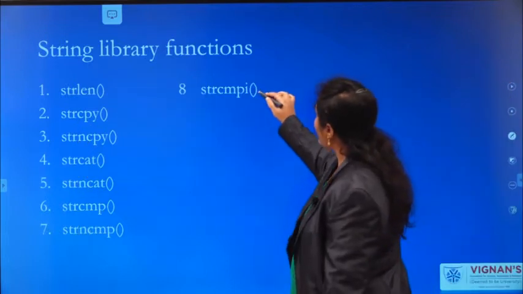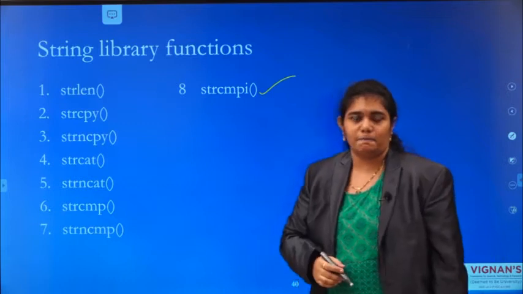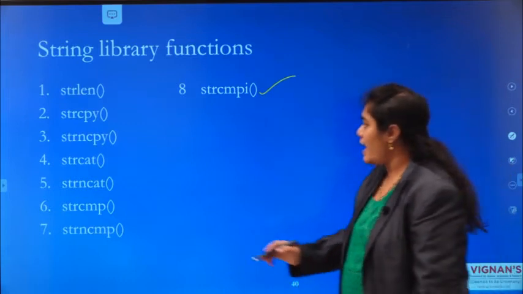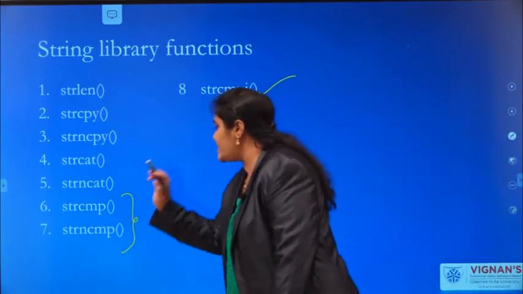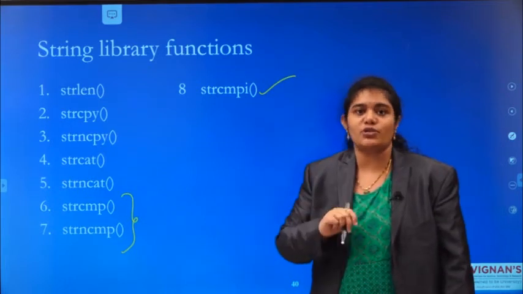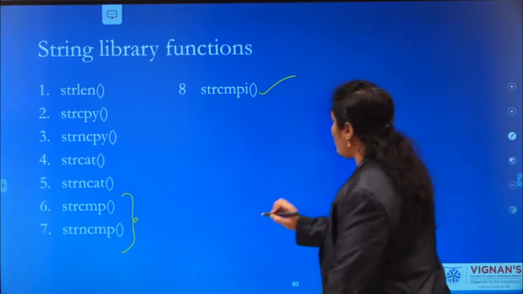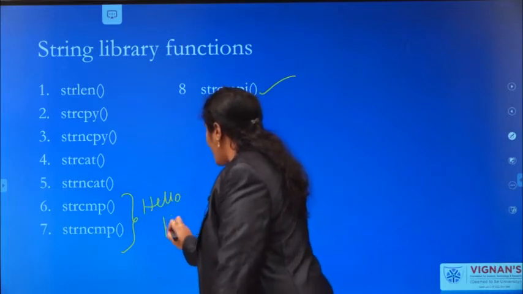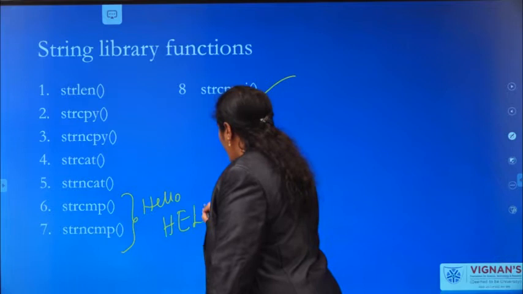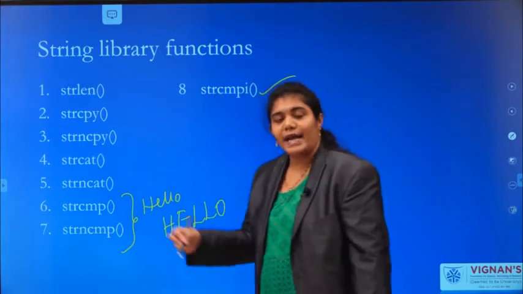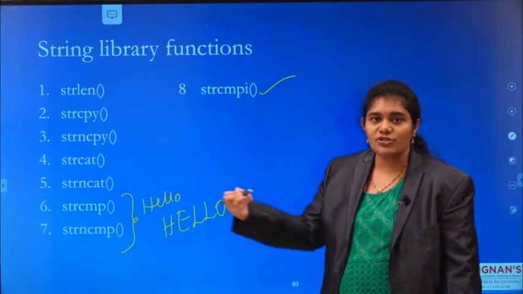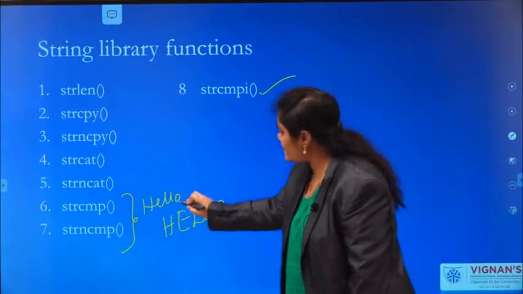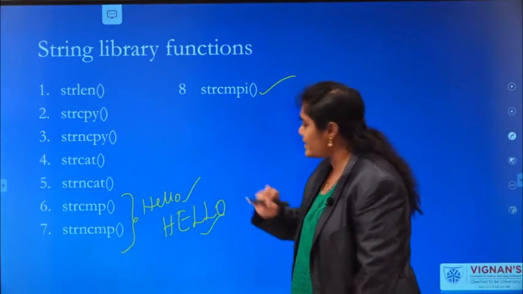And the next one is strcmpi. strcmp and strncmp are used to compare two strings. If you use lowercase hello in one string and uppercase HELLO in another string, it will return false. Both strings are not equal because the first string is in lower case and the second string is in upper case.